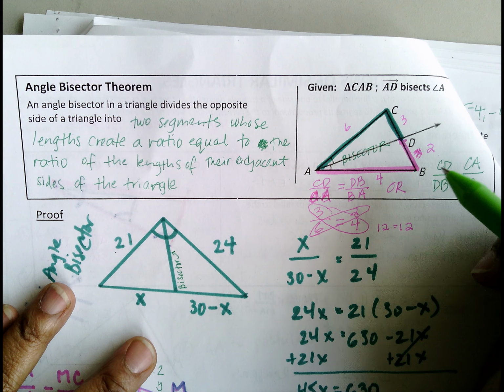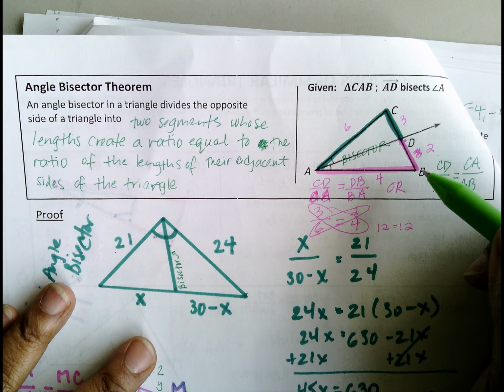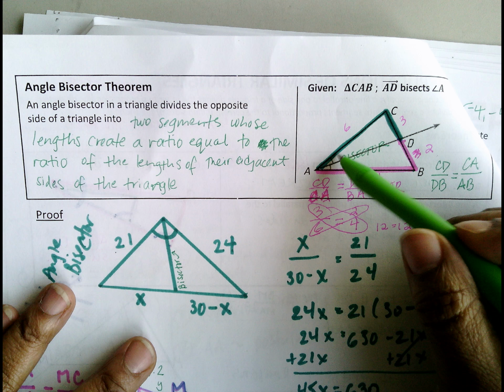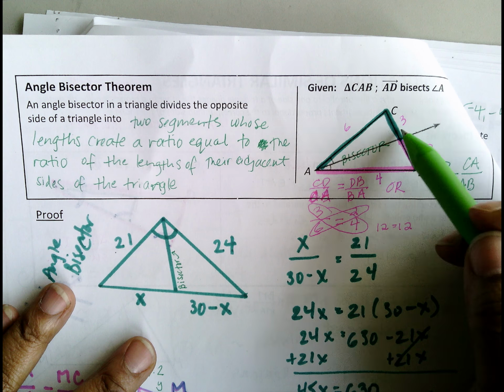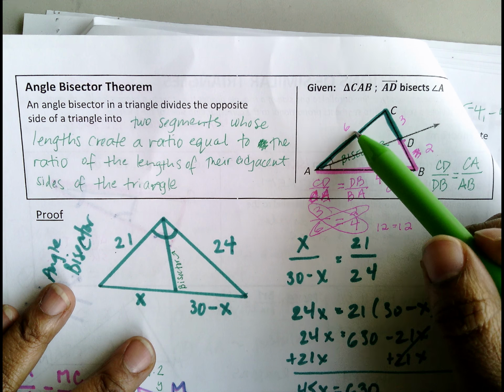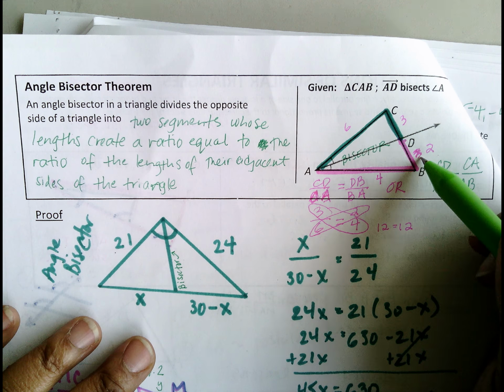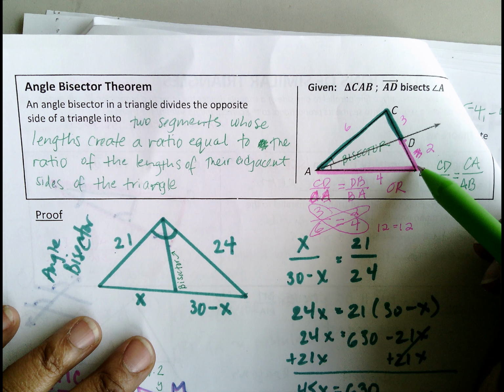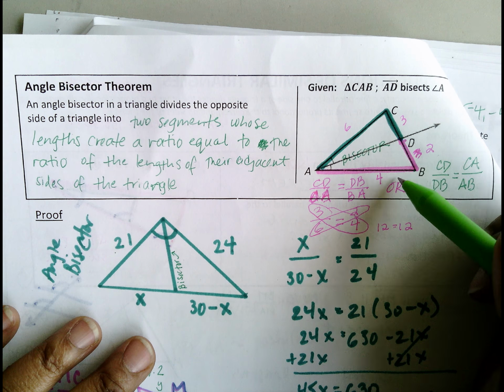So the difference that we're seeing here is that in this first example, I'm using one side in the first triangle over the other side in the first triangle, and the corresponding side in the second triangle over the corresponding side in the second triangle.